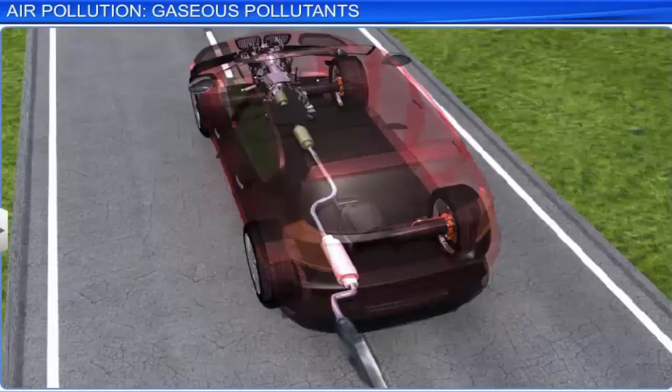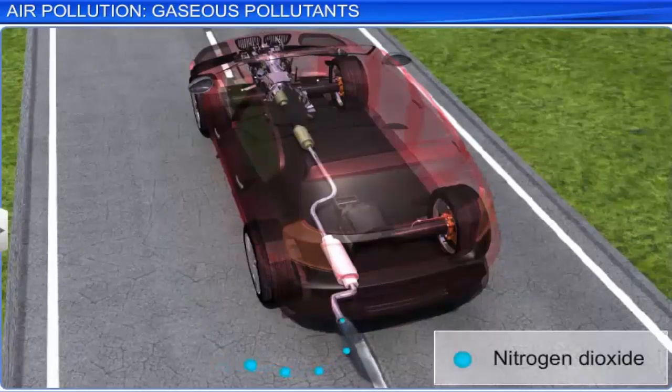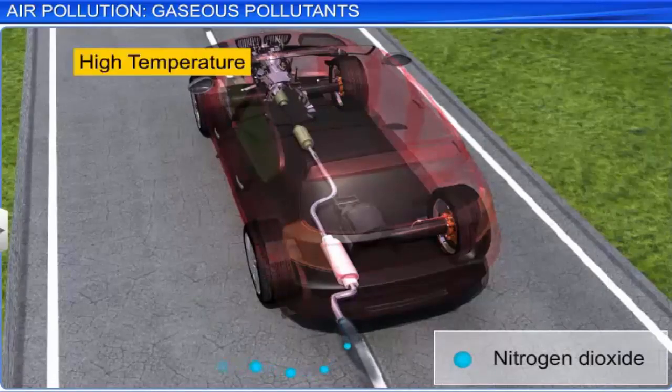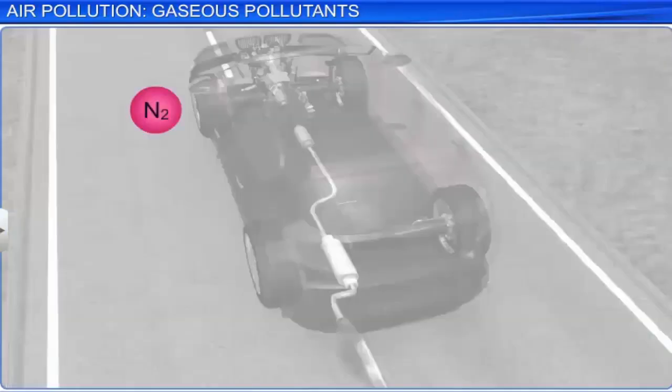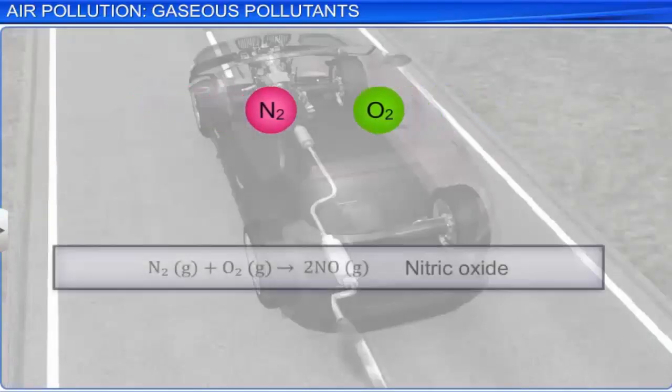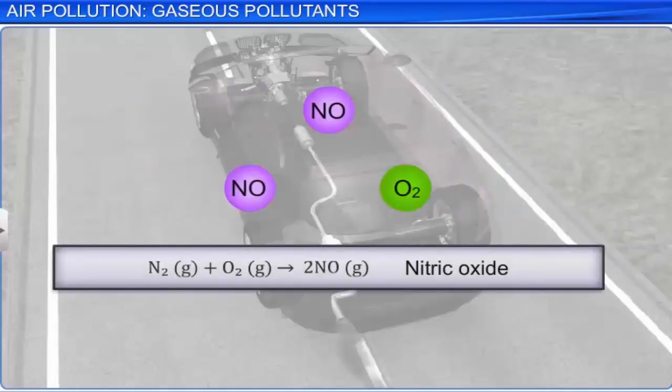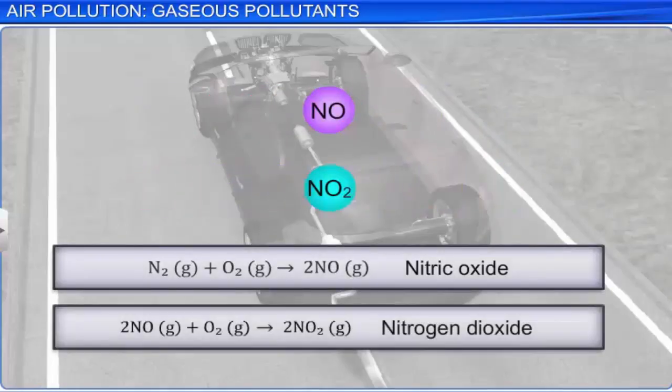The most common pollutant of nitrogen gas, nitrogen dioxide, is produced when fossil fuels are burnt in high temperature, like in automobile engines. Dinitrogen and dioxygen are the main constituents of air, and they form nitric oxide and nitrogen dioxide in high temperature.